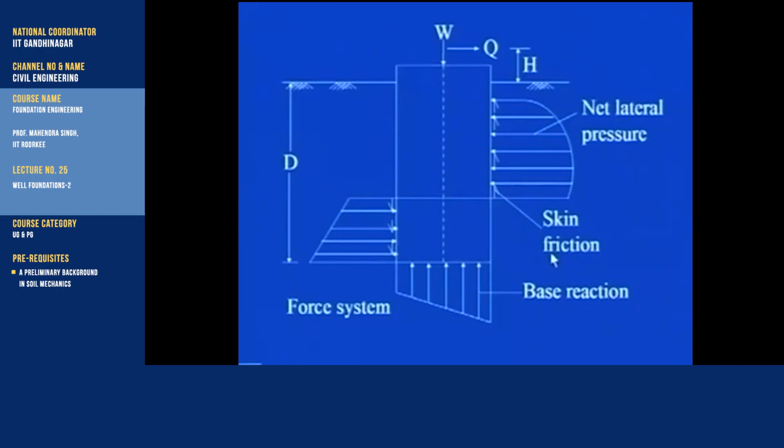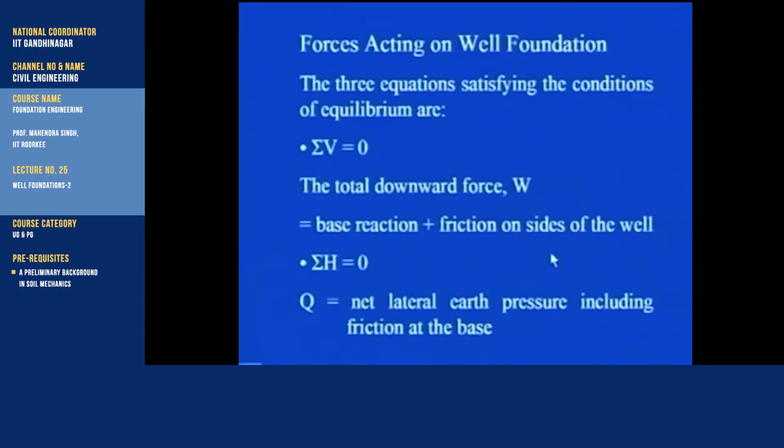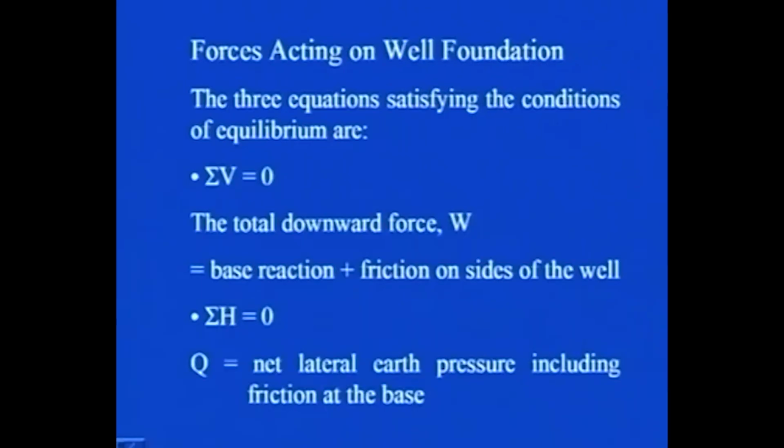Then for the stability analysis, you know from the mechanics point of view that we usually require to satisfy equations of equilibrium. Exactly the same thing we are going to do here in the case of well foundation also.